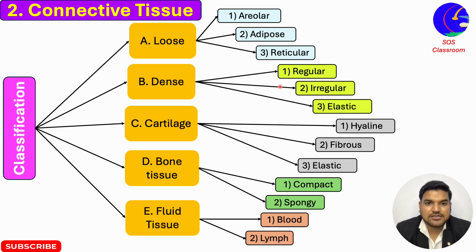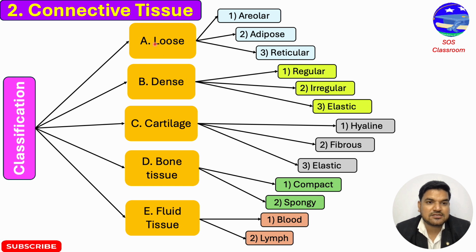Dense connective tissue is divided into three: regular, irregular, and elastic. Cartilage is divided into three: hyaline cartilage, fibrous cartilage, also called fibrocartilage, and elastic cartilage. Bone tissue is divided into two: compact tissue and spongy tissue. Fluid tissue is divided into two: blood and lymph.